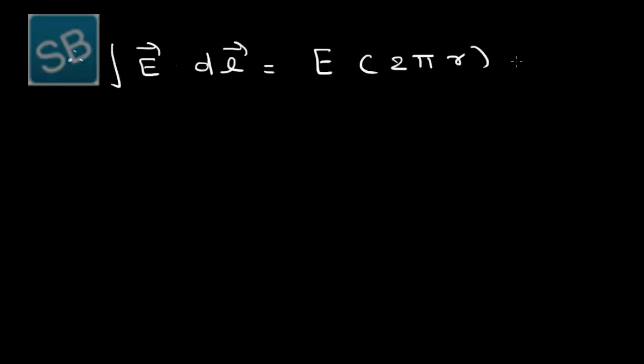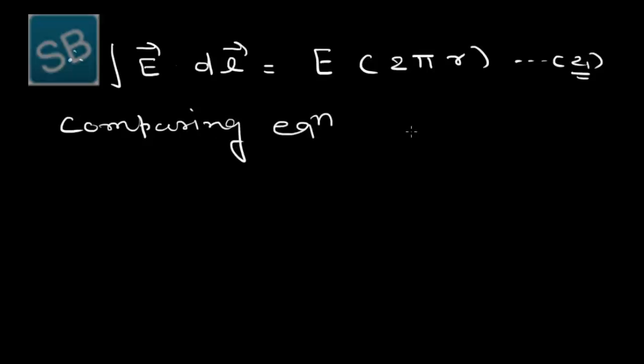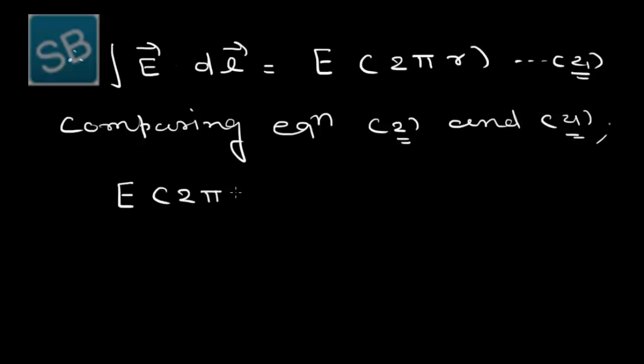Now, comparing equations 2 and 4, we will get E into 2 pi r is equal to alpha pi r square.